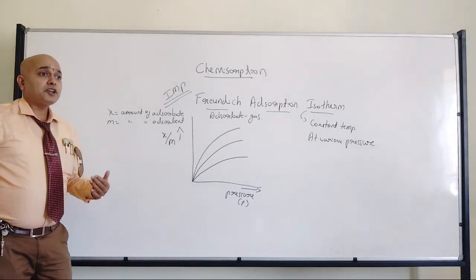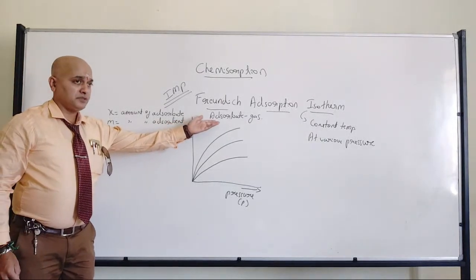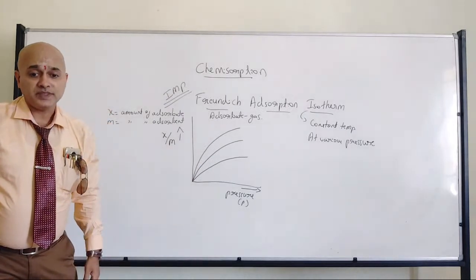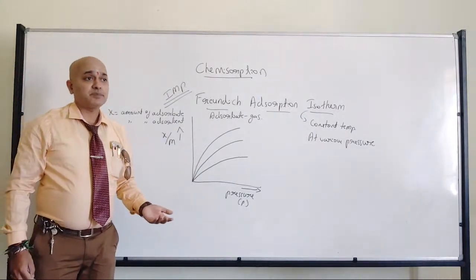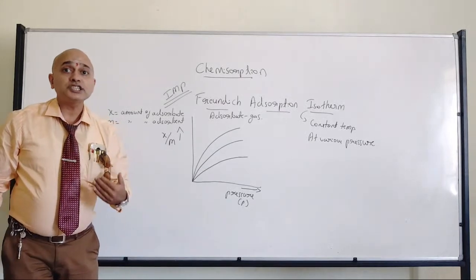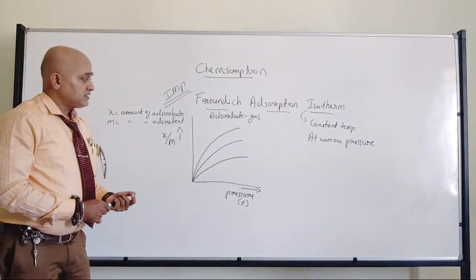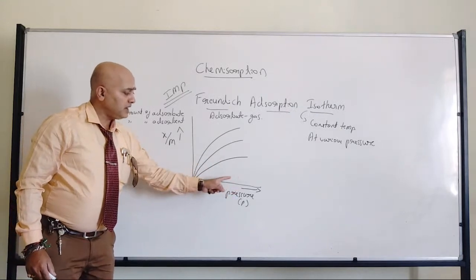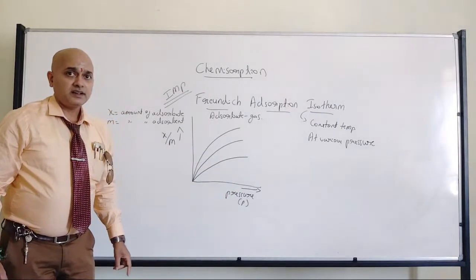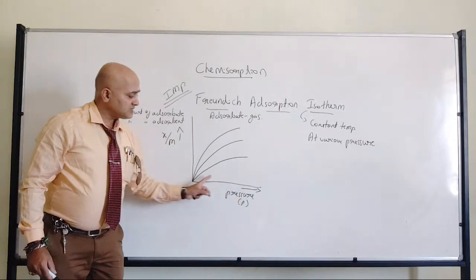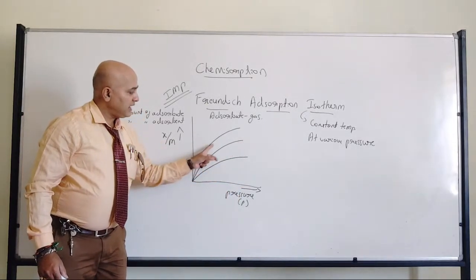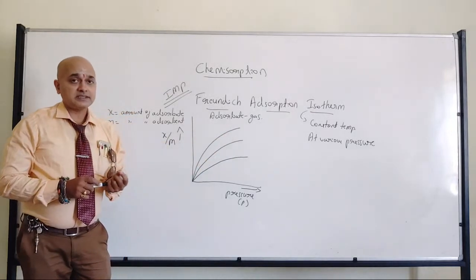Because when I am talking about gaseous molecules, the concentration will be expressed in terms of partial pressure. So these are the x by m values at different pressures. Right? So as the pressure increases, the value is going to increase.